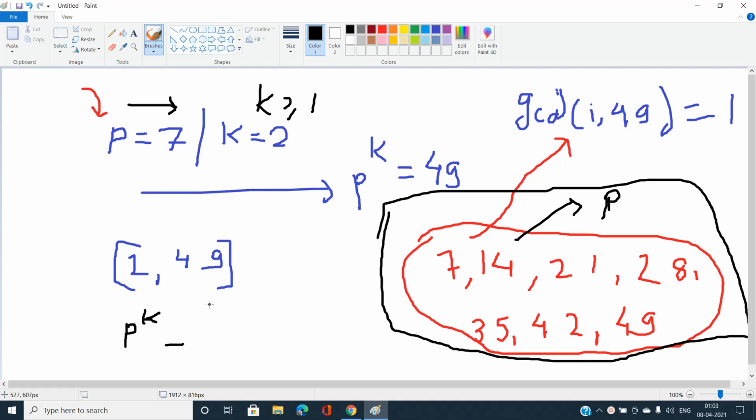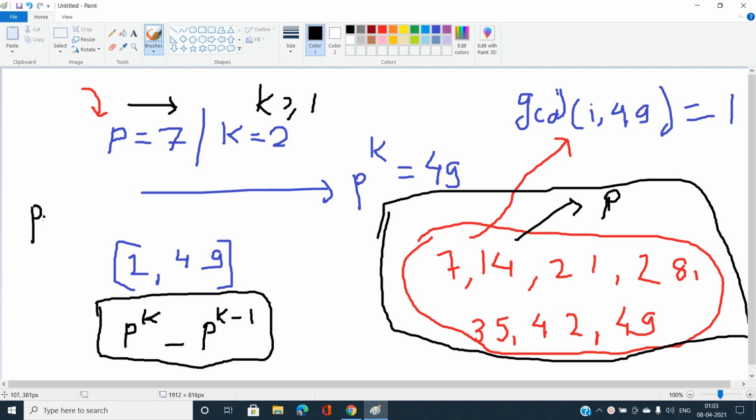You can easily see P power K divided by P, which is P power K minus 1. So there are P power K minus P power K minus 1 numbers in the range 1 to P power K which are co-prime with the number P power K, where P is a prime number and K is an integer greater than or equal to 1.